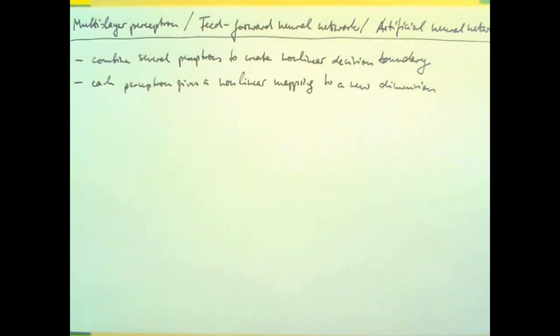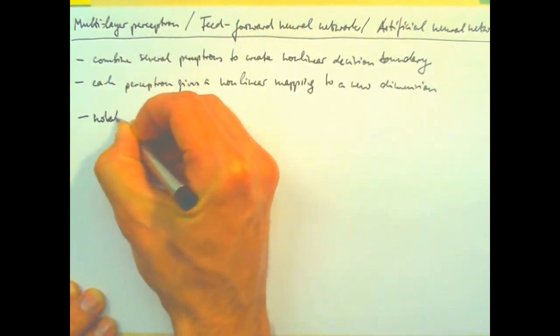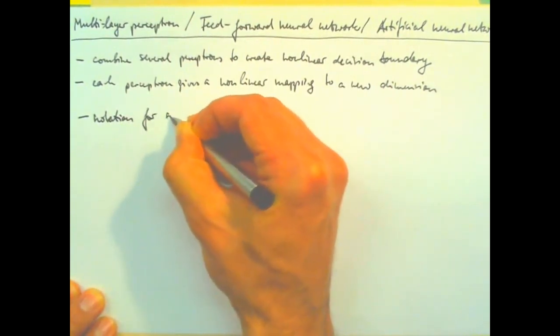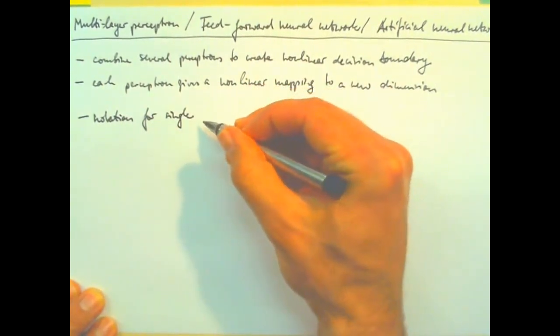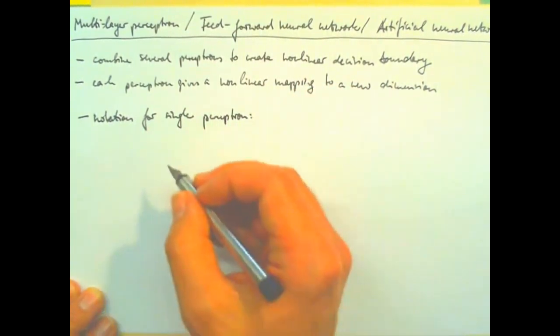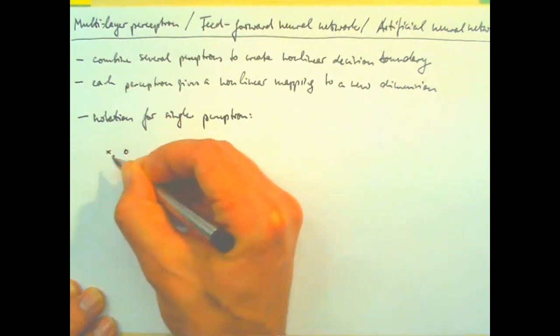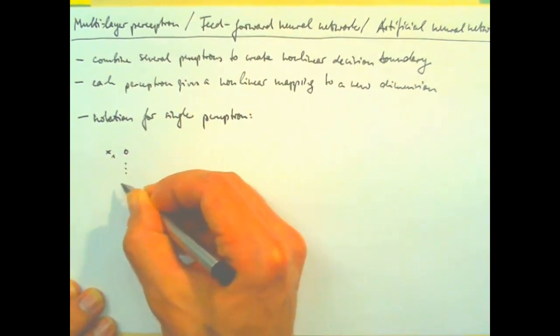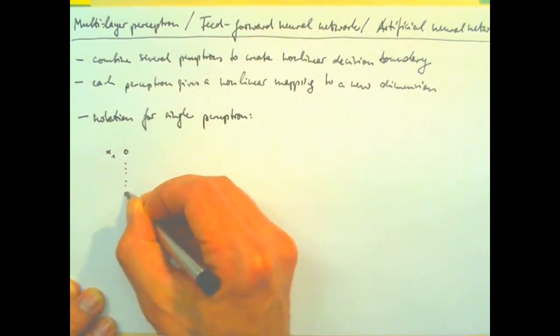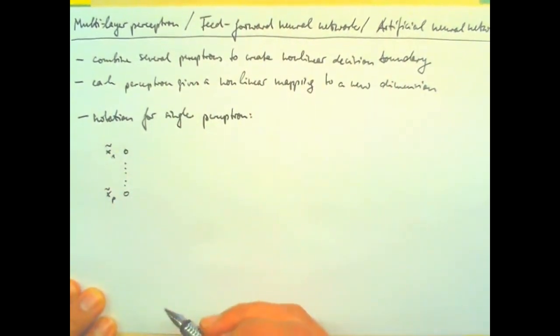I used this funny graphical notation now. I will start with the notation for a single perceptron. So we have a couple of inputs, x1 and so on up to xp.